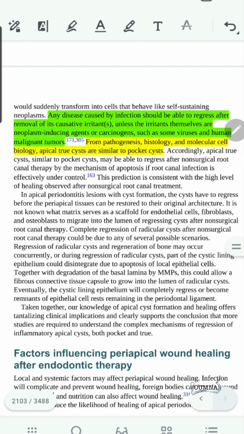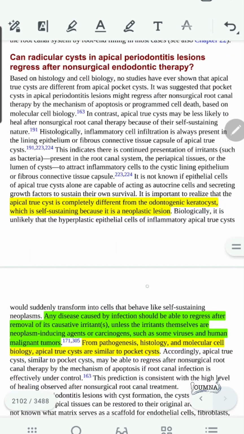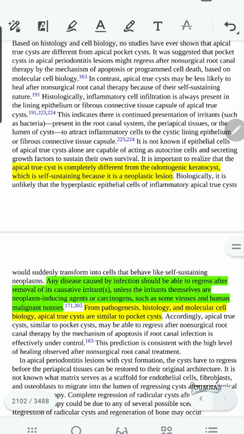I believe that is everything for the differentiation between the pocket cyst and the true cyst. The pocket cyst, which has a direct connection with the canal, may heal with endodontic treatment, but the apical true cyst needs a surgical approach.